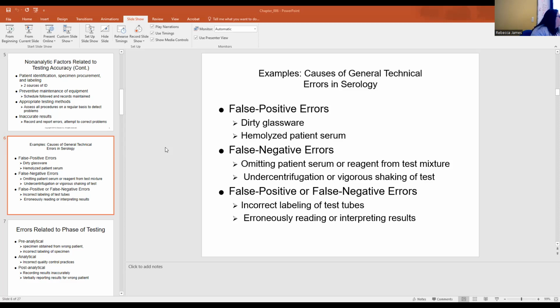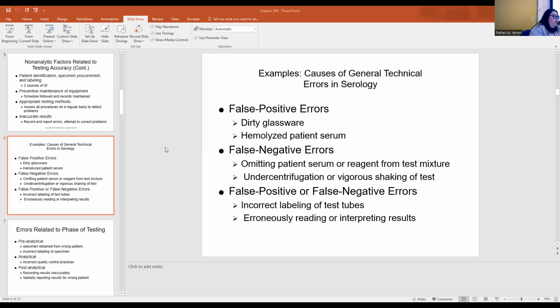Level 1 can be normal, level 2 might be low, and level 3 might be high. Or you might just have two levels of control, normal and high. Just by looking at this, it appears to be normal QC, so all these analytes being tested should be within normal range.